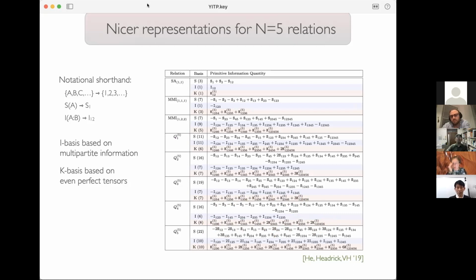That was our hope, and we explored it a little bit, but so far it doesn't seem to give any particularly compelling narrative. In fact, we can find representations of these inequalities that are even more compact in terms of various conditional quantities, but even there, it's not clear what the narrative really is.